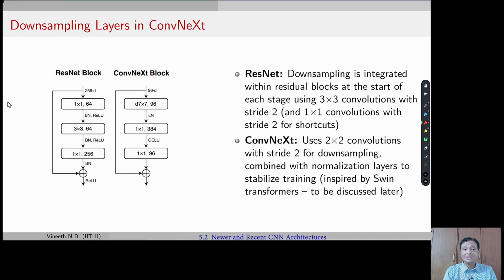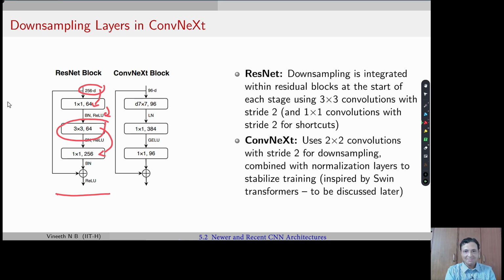In terms of the downsampling layer itself, once again, this is a sample of a block in ResNet where you see that a 256 dimensional vector is first downsampled to 64, then we have convolution after batch normalization and ReLU, and then we again upsample to 256 dimensions before producing the output of that block.